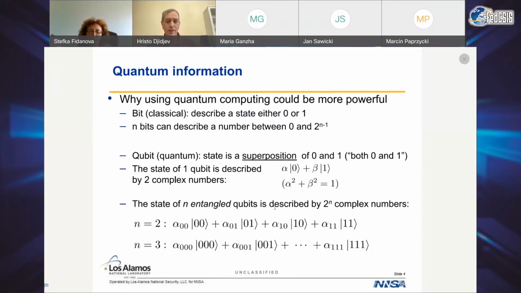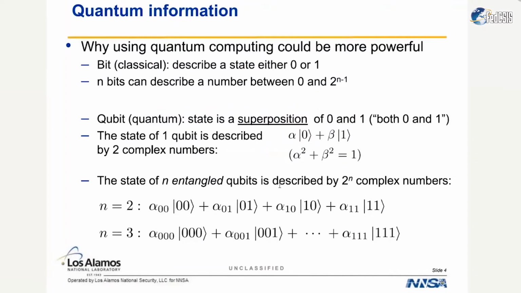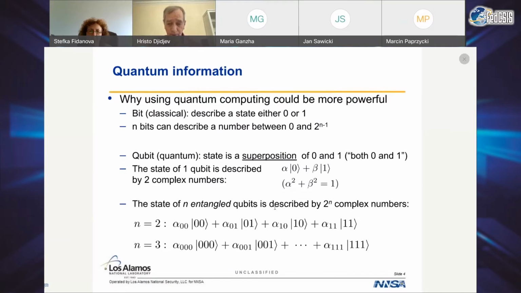These brackets are what physicists use to describe states. Alpha and beta are arbitrary complex numbers that should satisfy the condition that their squares sum up to 1.